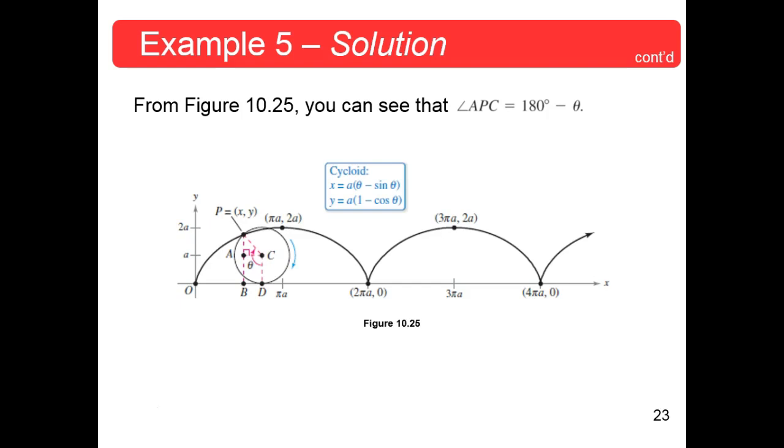And then when you get on to here, you roll it all the way around. This is 2 pi a, and you're back to 0 here. And then 3 pi a at 2a, 4 pi a at 0, and you keep going. Okay. So, your parametric equations, and I wish I had the motivation to explain all this to you. When I get to cycloids, I say just here are the equations, go with them.